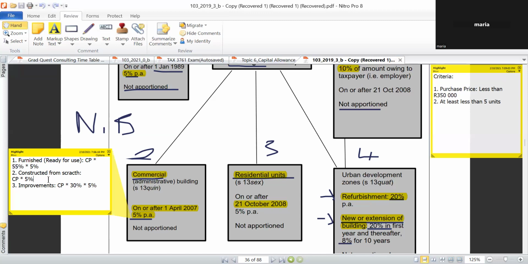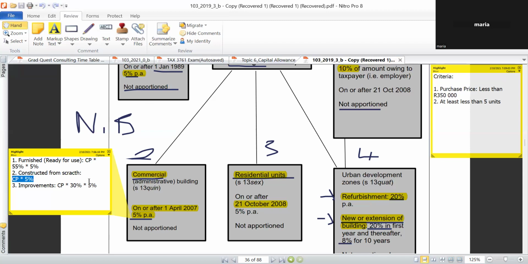Or was it something that we developed from scratch? The moment you hear that you developed the property yourself from scratch, you would just need the cost price of that particular building, and then you simply multiply it by 5%.